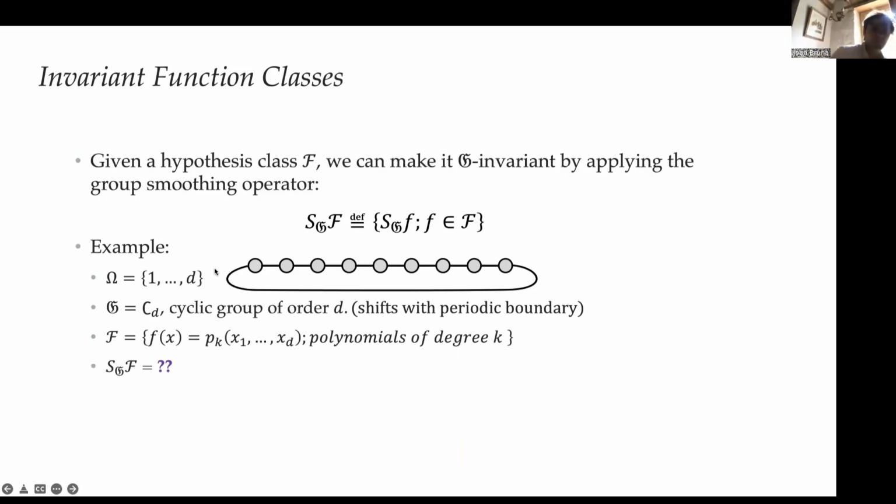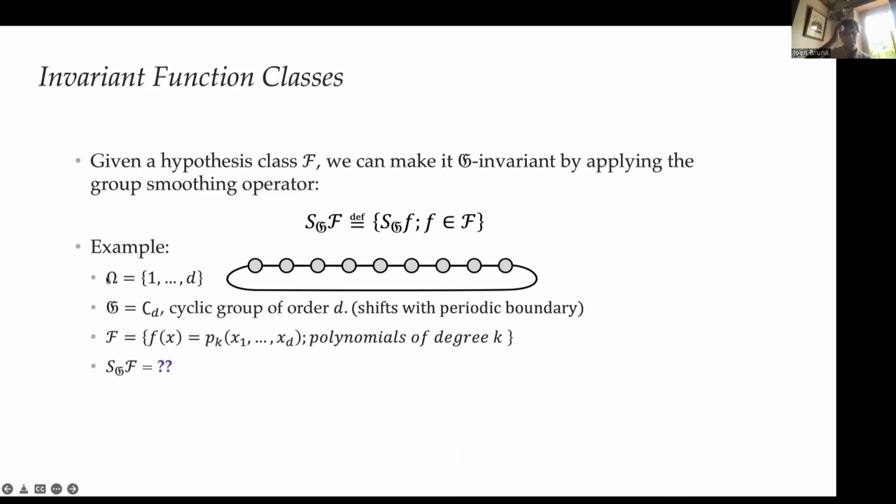So here's an example, right? Let's consider the discrete domain of points, like say a one-dimensional grid. And here I'm considering as the group of transformations the translations, the shifts. This corresponds to the group that is called the cyclic group of order D, right? And I assume that once you shift the last point, you go back to the beginning.